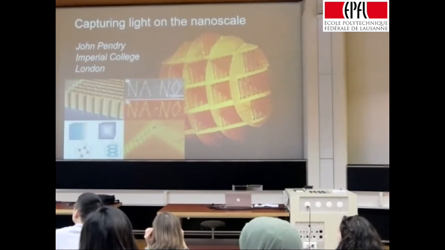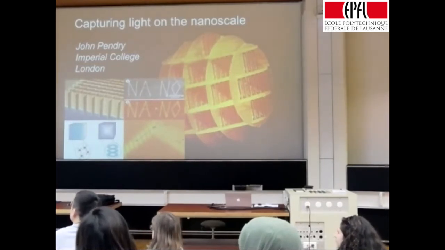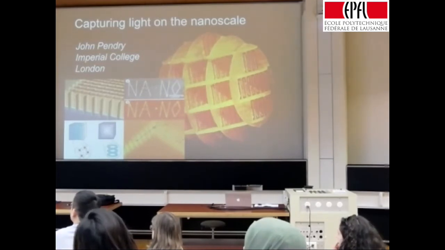So here's the lens. Maybe the diffraction limit for a lens, if you like. And you have some light here.